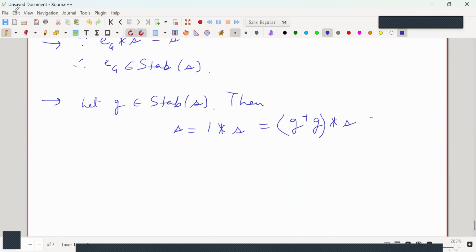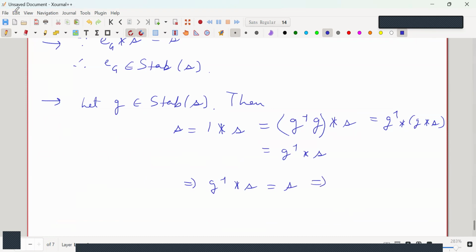So now this is the same as g inverse star g star s, right? But what is g star s? This is again s. So g is also stabilizing s. This implies g star s is equal to s.